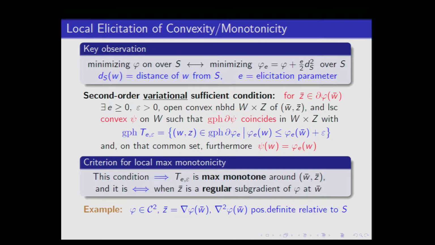E is this elicitation parameter. Maybe I can make it bigger and bigger and good things will happen. And epsilon is just some neighborhood type effect. And I'm looking at the pairs, the subgradients of that phi sub e, very closely related to the ones of phi, that we don't have to care what they are right now, for which the function values are near also.